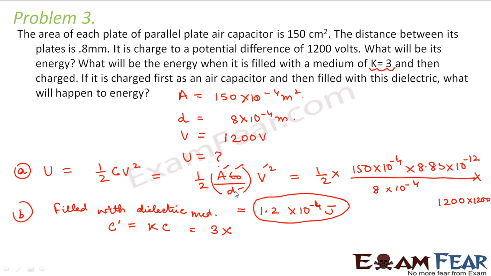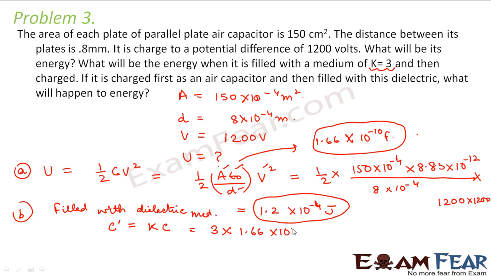The value of A epsilon naught by D comes out to be 1.66 × 10^-10 farads. If you want, you can calculate it on your own. The new capacitance will be 3 times this value, that is 3 × 1.66 × 10^-10. Now what would be the energy stored?